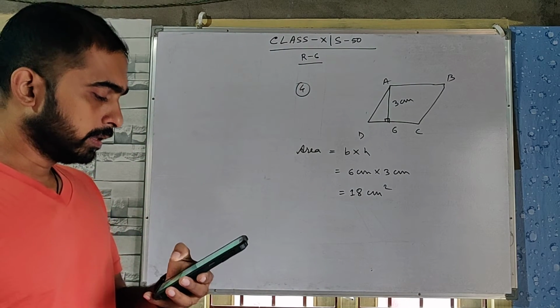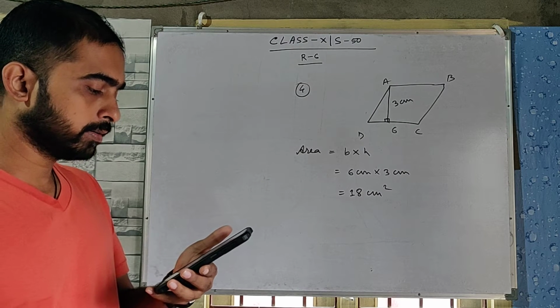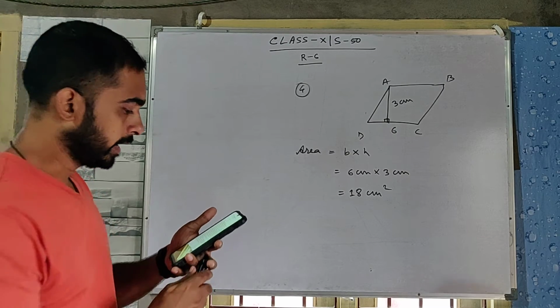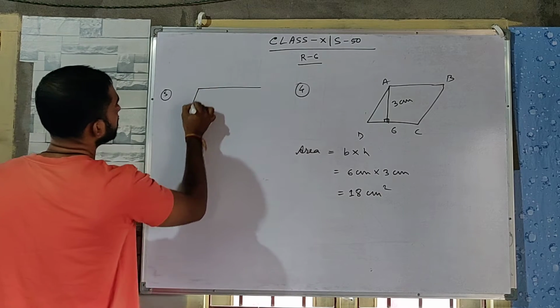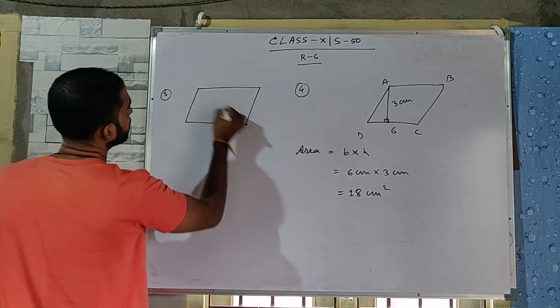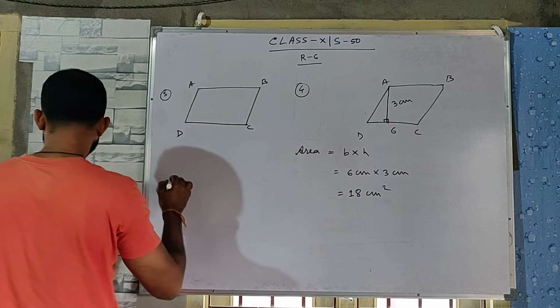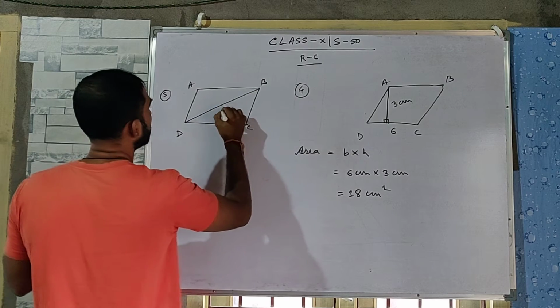The next, the length of one diagonal of a parallelogram is 8 cm and the height of each of the triangles whose common base is the given diagonal of the parallelogram is 4 cm. Find the area of the parallelogram. Question 5. Suppose the parallelogram is ABCD. The length of one diagonal, BD, equal to 8 cm.